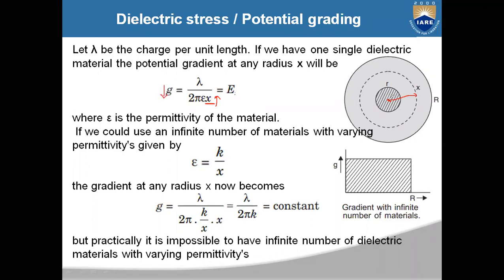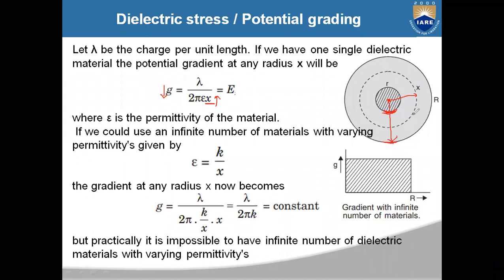So from the center of the conductor moving towards the sheath, the potential gradient decreases. That means you will have maximum dielectric stress on the surface of the conductor and minimum dielectric stress on the surface of the sheath.